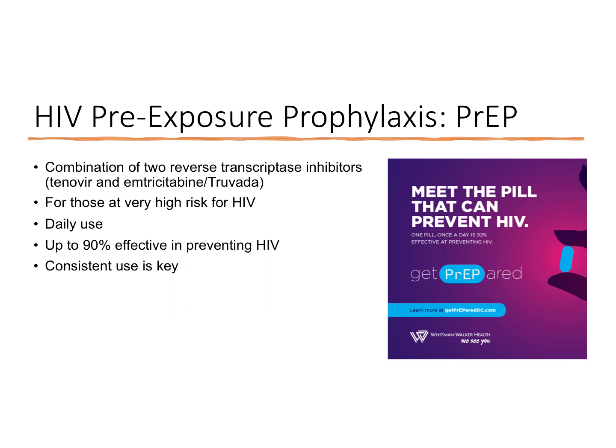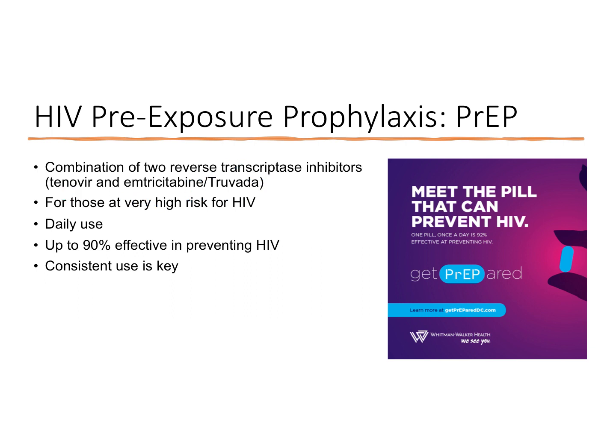So for any virus, we need to be focused on prevention if at all possible. And for HIV, there is pre-exposure prophylaxis, or the acronym for that is PrEP. And this is a combination of 2 reverse transcriptase inhibitors. And don't worry about the specific generic names because, again, things are changing all the time. But Truvada is a good name to remember.